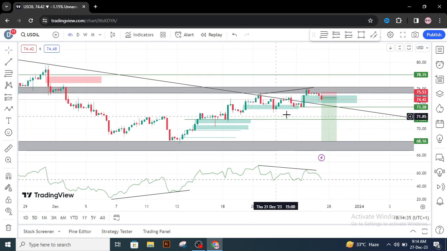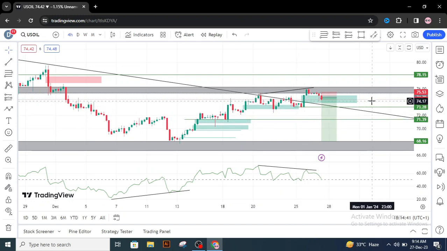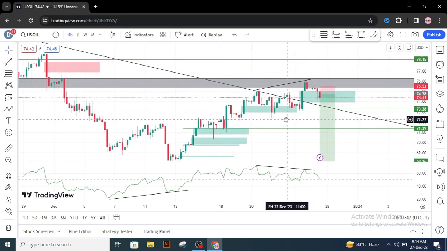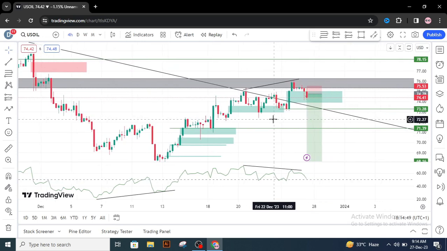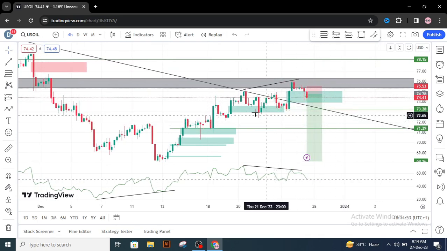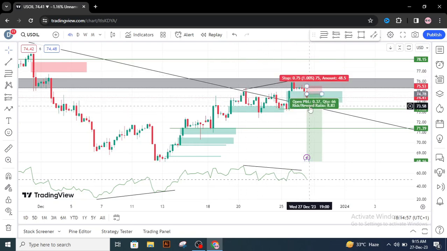So as you can see these 2 points, my first take profit, my second take profit, I expect the price of crude oil to at least drop as a result of intervention made by the United States and other developed countries to combat the issue going on in the Middle East. So all this information, technically and the fundamental I've just provided, gives me more reason to want to short the trade.